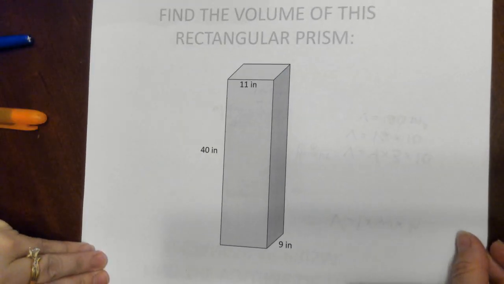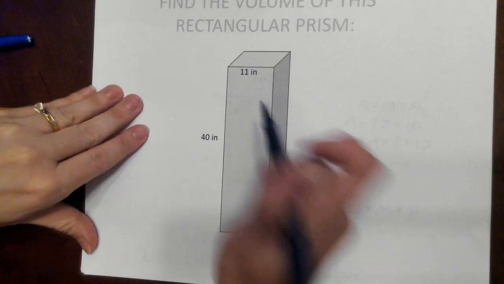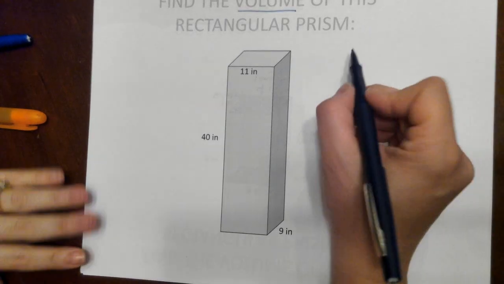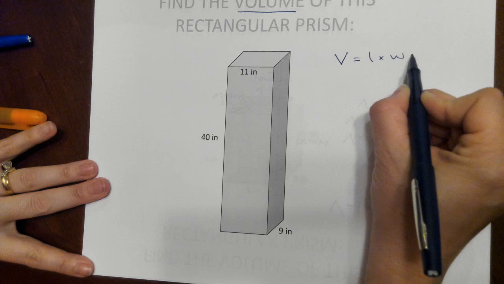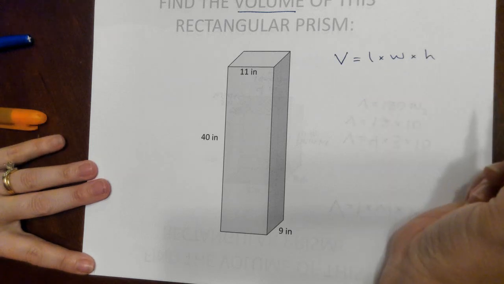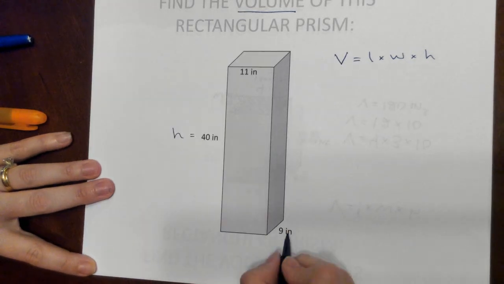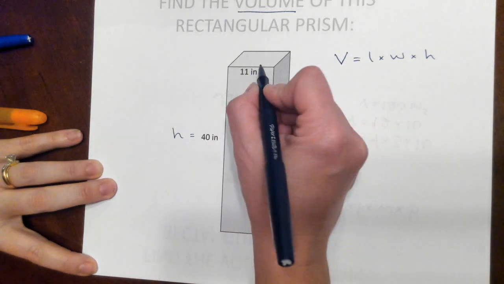Okay, go ahead and take a few minutes and try this one on your own. Find the volume of a rectangular prism. So volume is length times width times height. The height, the width, and the length.